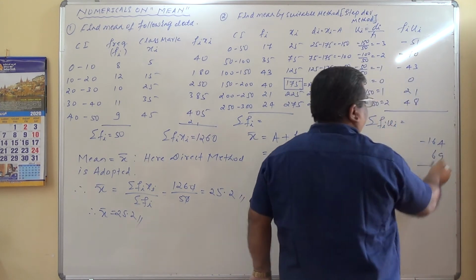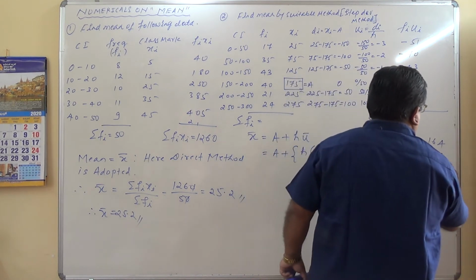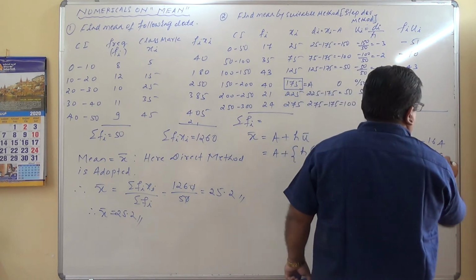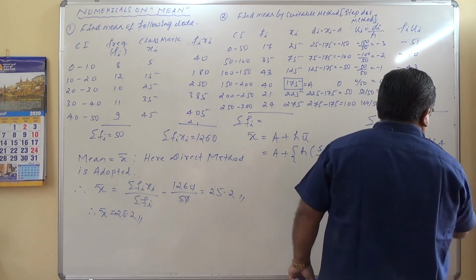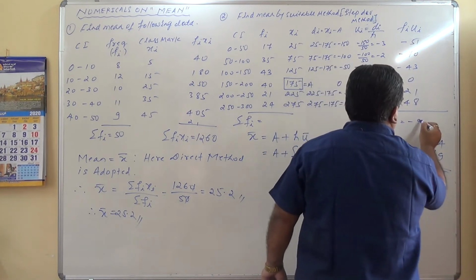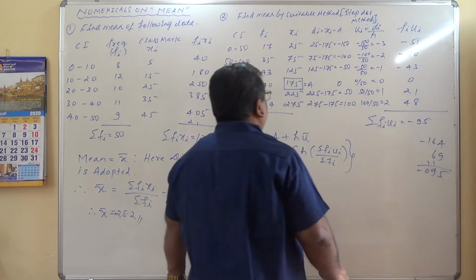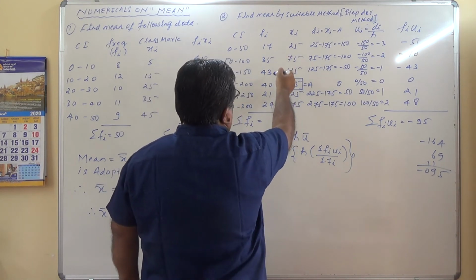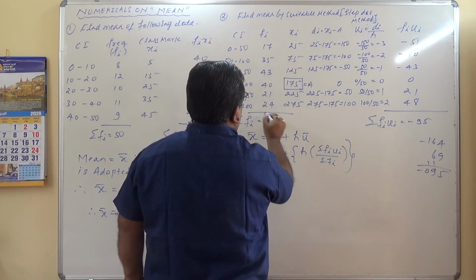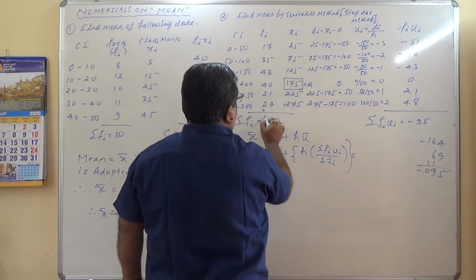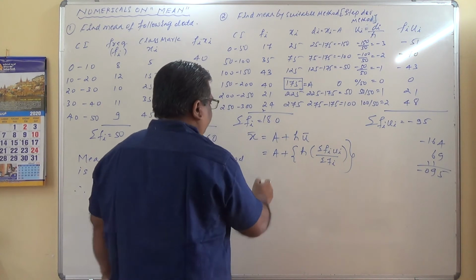So minus 164 plus 69 is minus 95. And sigma fi, I think this is 180.